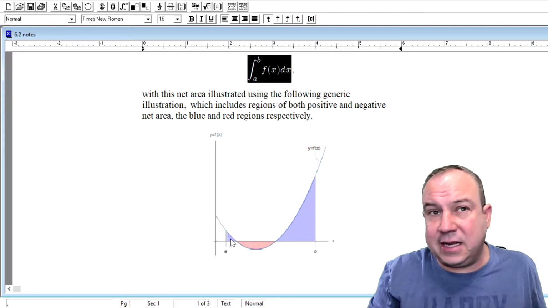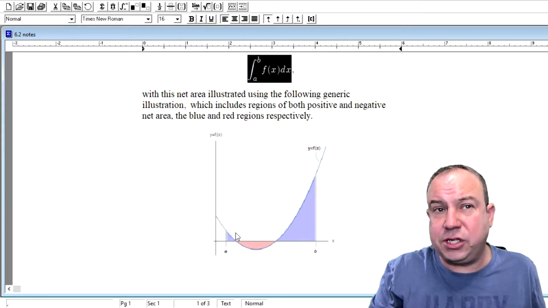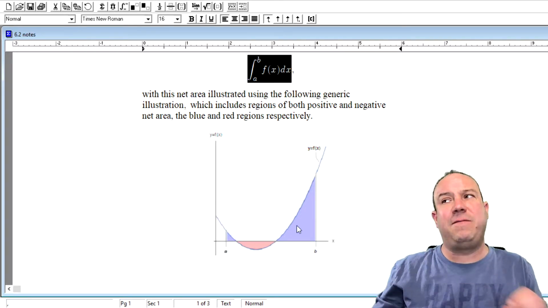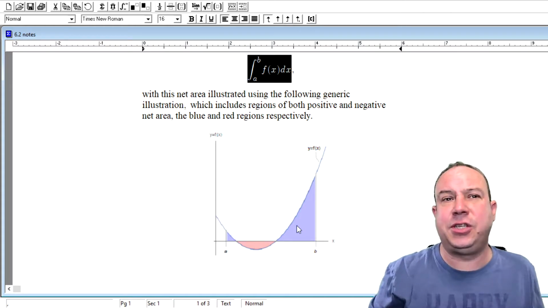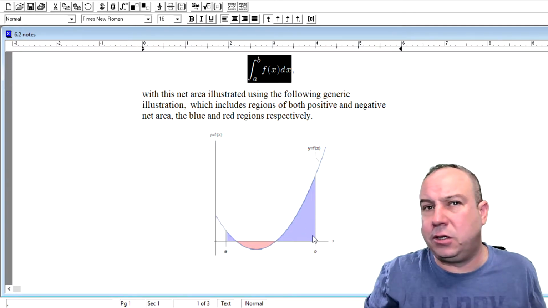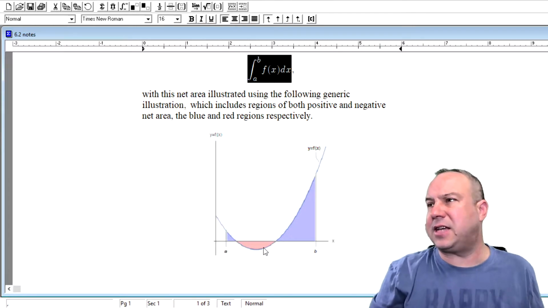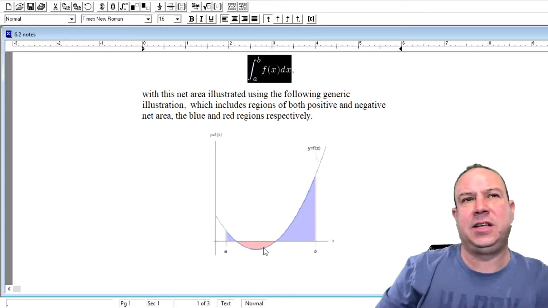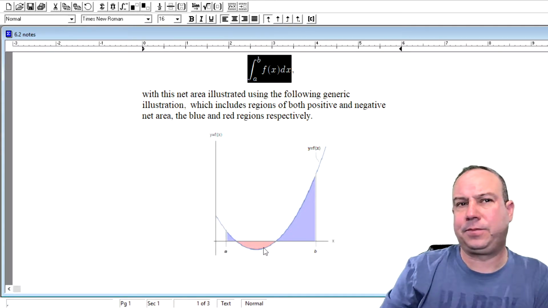When calculated individually, the regions forming above the x-axis, this small little region here or this larger region here, would both give positive net area calculations over their bounded regions alone. Whereas if we were to calculate the net area of just this little region down here underneath the x-axis, shaded in red, it would be a negative value in its net area calculation.